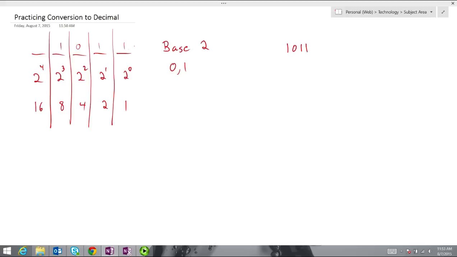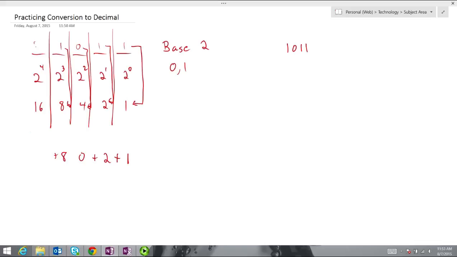So I take 1 times 1, and that gives me 1. I take 1 times 2, and I have 2, and I put a plus in between those. And I do plus 0 times 4, which is 0, plus 1 times 8, which is 8, plus, in this case, I showed the 16.